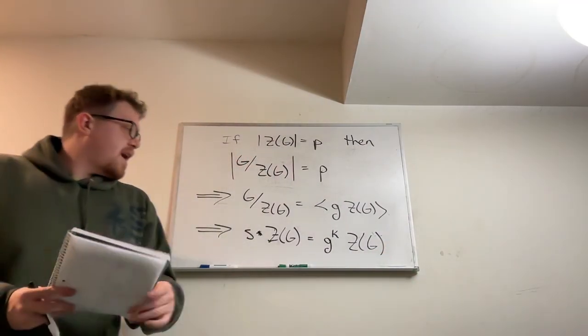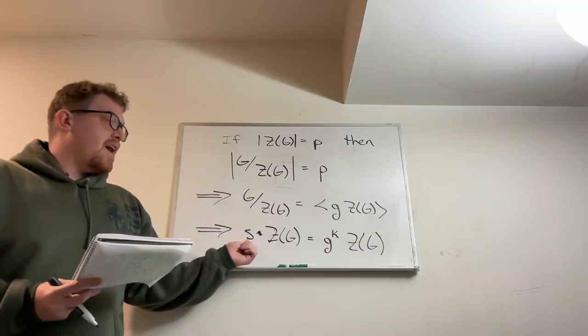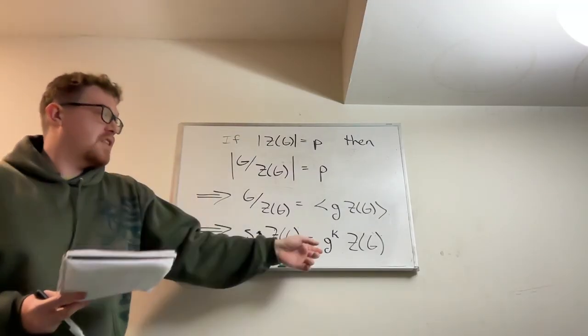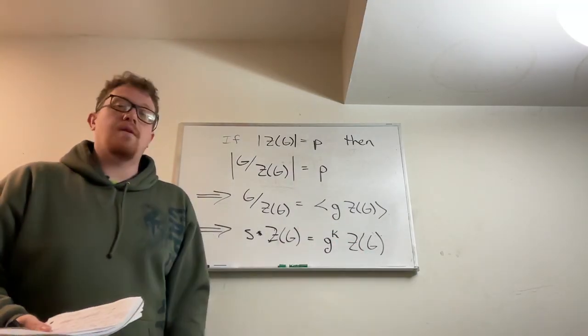Which means that the element S is really just equal to g to the k times some element in the center.